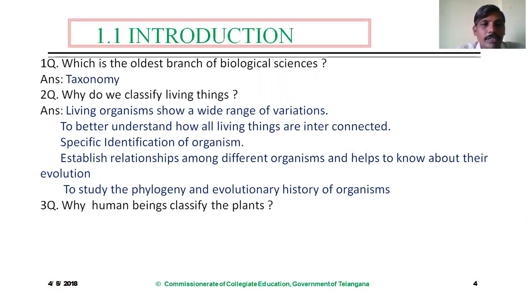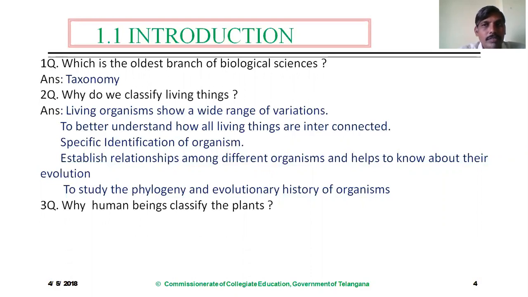Specific identification of an organism: how to identify a specific organism based on its characteristics only. Then we can find out so and so plant located in the surroundings, and establish relationships among different organisms, which helps us know about their evolution, how the plants evolved on the earth.